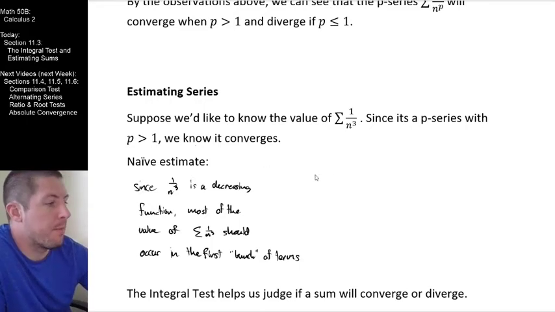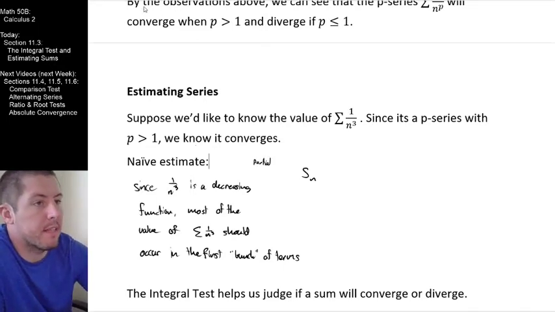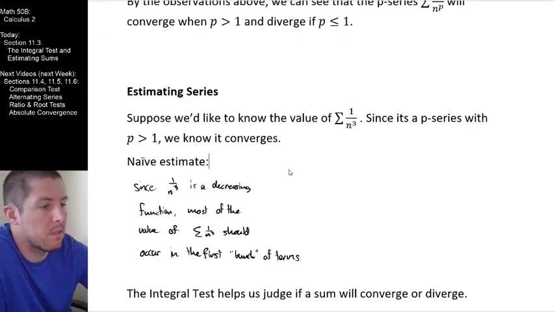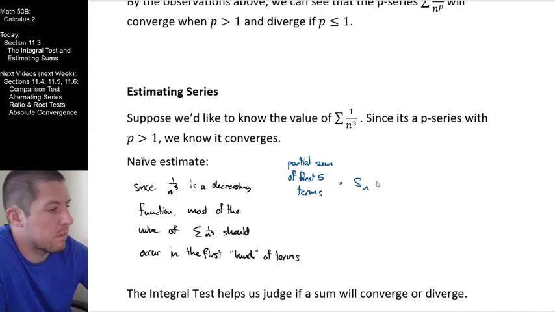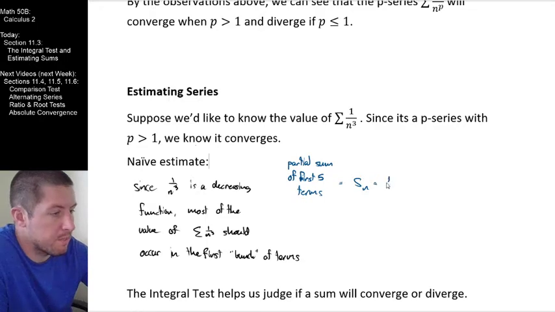So I'm going to denote our partial sum S sub n. And this should just be 1 over 1 cubed plus 1 over 2 cubed plus 1 over 3 cubed plus 1 over 4 cubed plus 1 over 5 cubed.